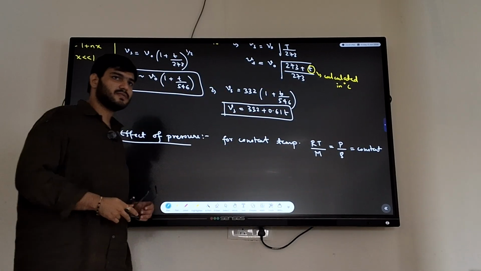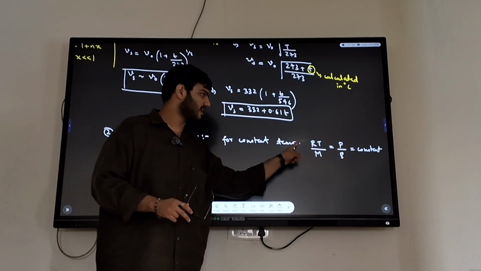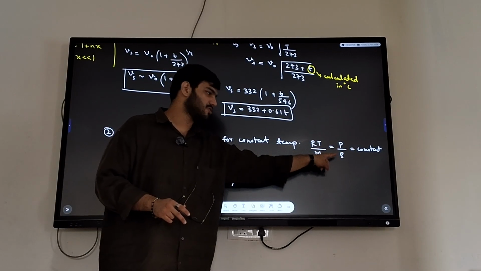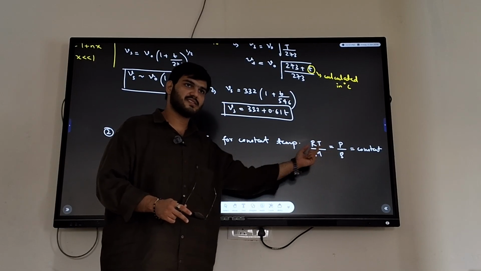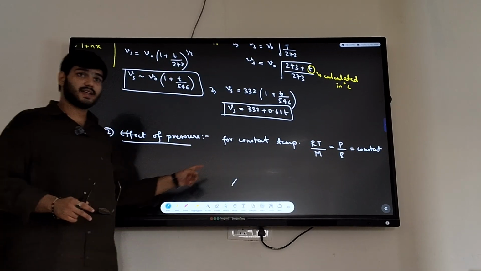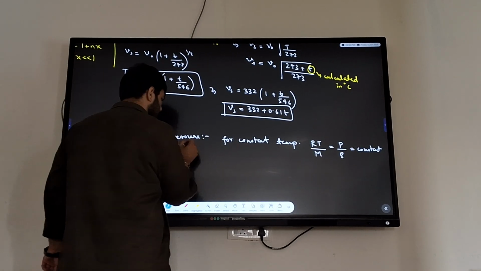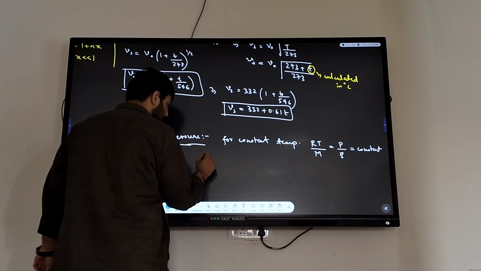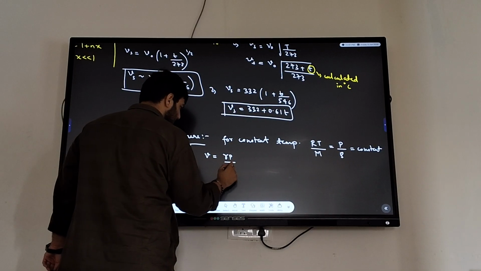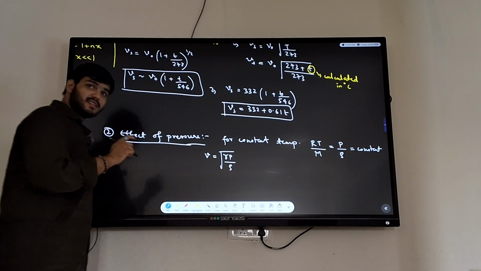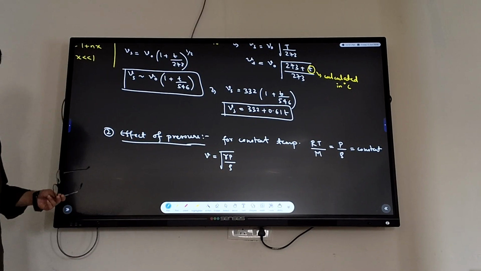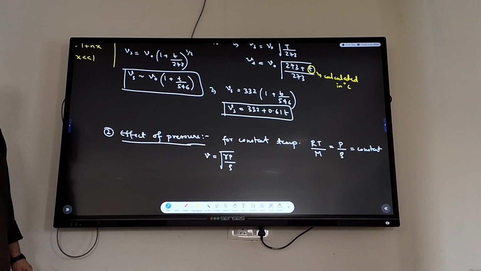Yes or no? If you take constant temperature, then this value is a constant, then this ratio has to be constant as well, since it's equal for an ideal gas. Yes. Then what was your velocity? Your velocity was under root gamma P by rho. But then this will be constant even if there is a change in pressure.